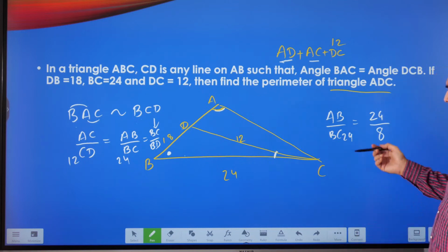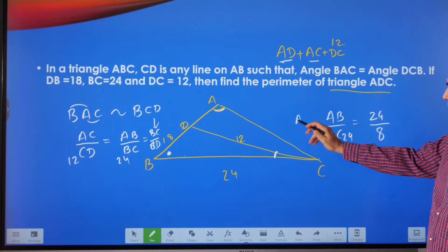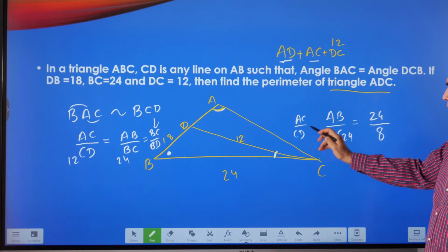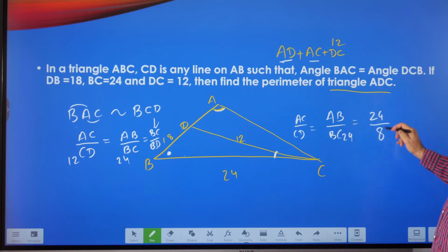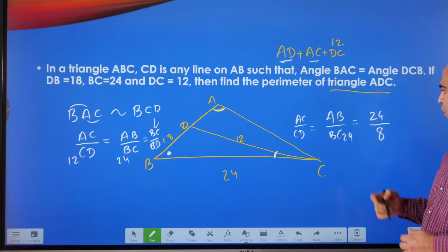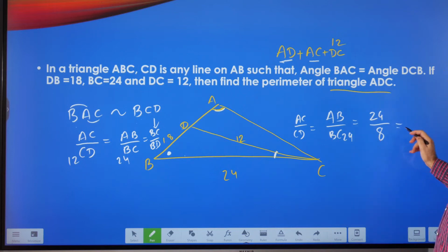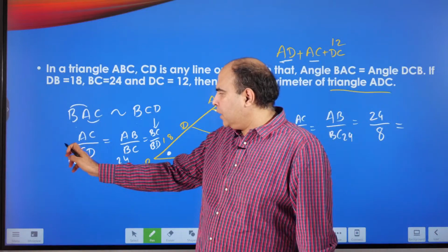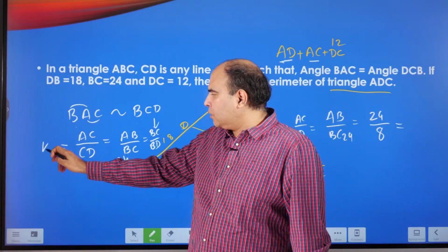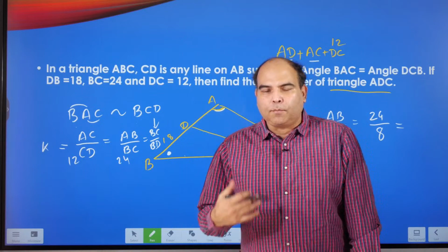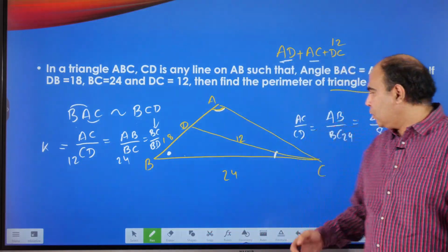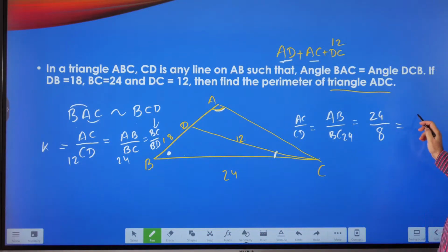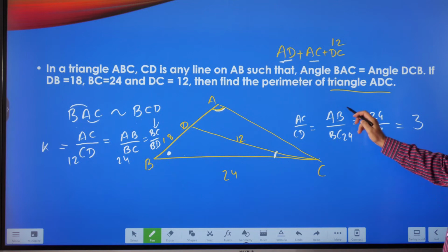So you realize that basically this ratio of AC by CD is equal to AB by BC is equal to BC by BD. When you write equality of ratios in two similar triangles, you say that they are all equal to K, some constant. So once you know 24 and 8, you know that constant is 3. So the value of AB becomes 72.